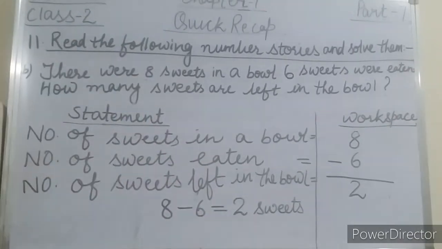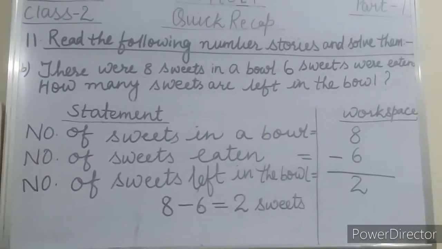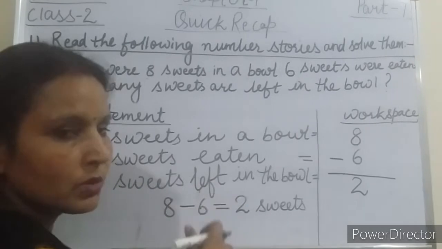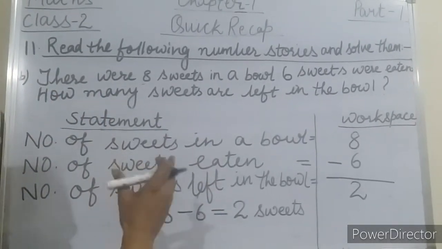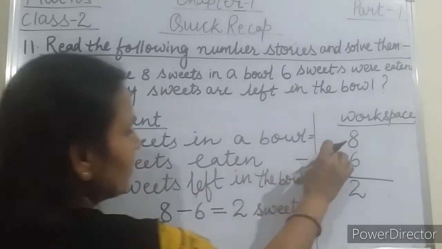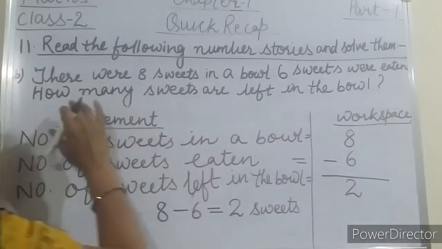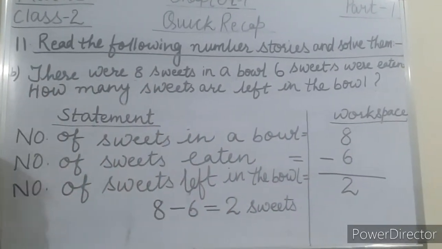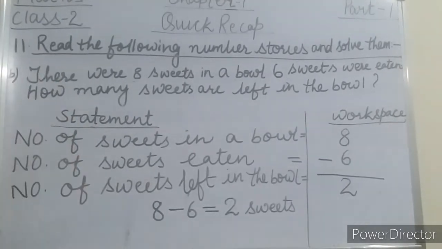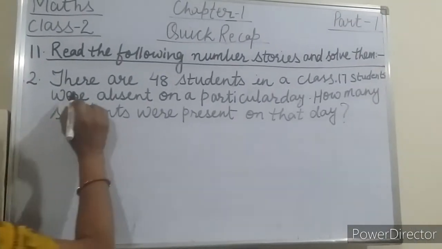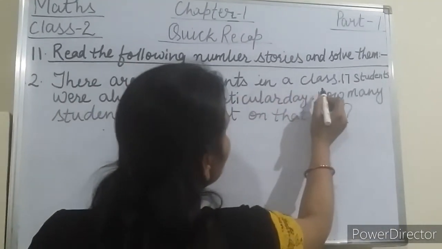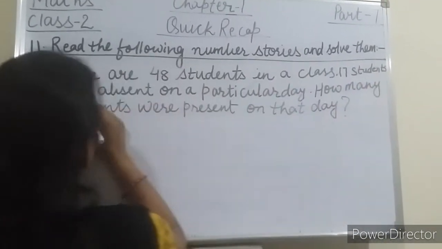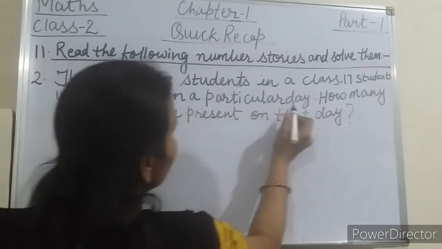Okay students, now I am giving you a question from your maths course book. The second subtraction question I will give you from the book now. There are 48 students in a class. 17 students were absent on a particular day.